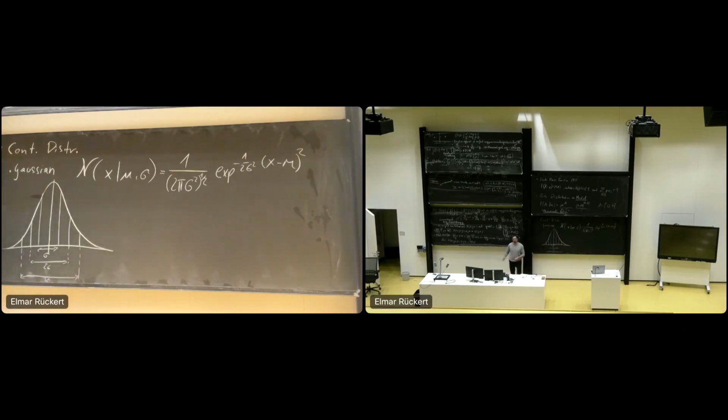And you all know that the standard deviation defines the area: 1 times sigma means that 68% of all events are observed within 1 times sigma. 95% are covered by 2 times sigma.